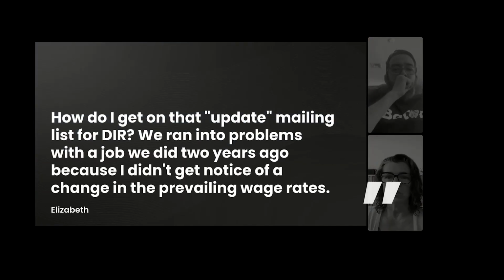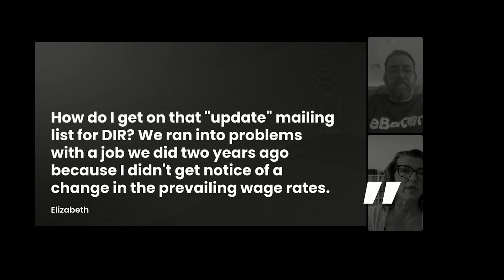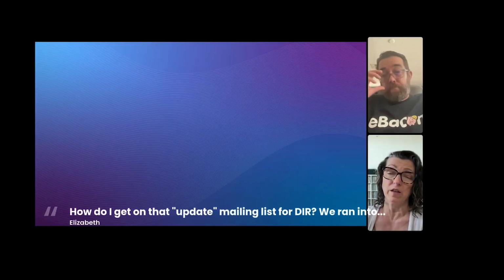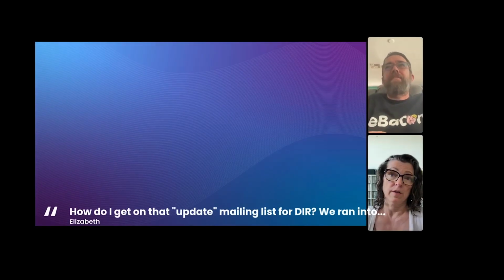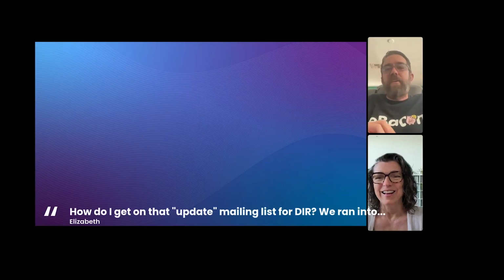Next question. How do I get on that updated mailing list for DIR? We ran into problems with the job we did 2 years ago because I didn't get notice of a change in the prevailing wage. So they're super fun when it comes to the prevailing wages on the DIR. They're not going to send you an email that says here's an update or a scheduled increase.